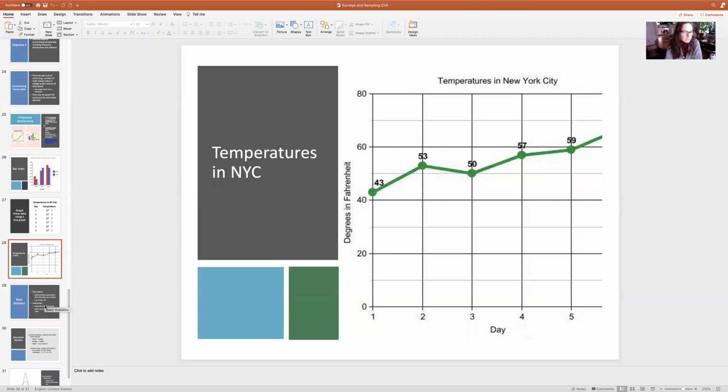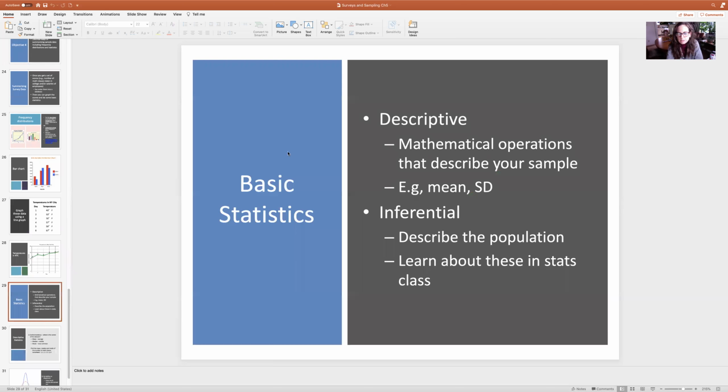I'm going to talk a little bit about the basics of statistics, and you may know some of this from statistics class. Again, it'll just be conceptual because we won't actually be doing any of the statistics in this class. There are two basic groups of statistics, the descriptive statistics and inferential statistics. The descriptive statistics just describe your sample. So, for example, you could get the mean, median, mode, standard deviation.